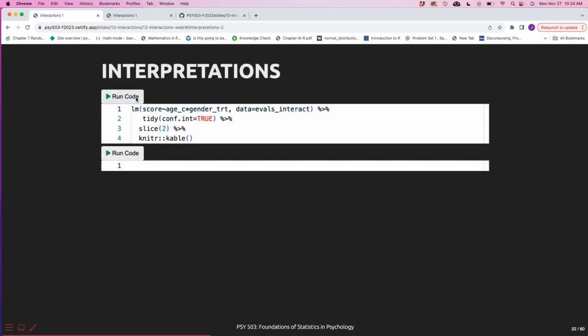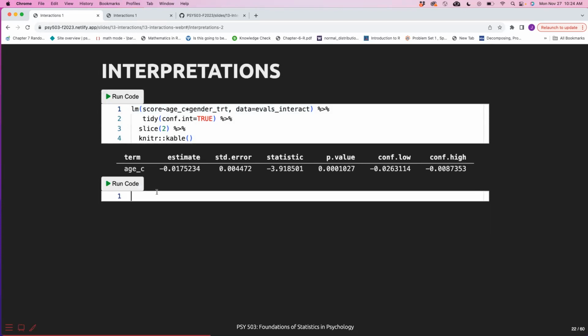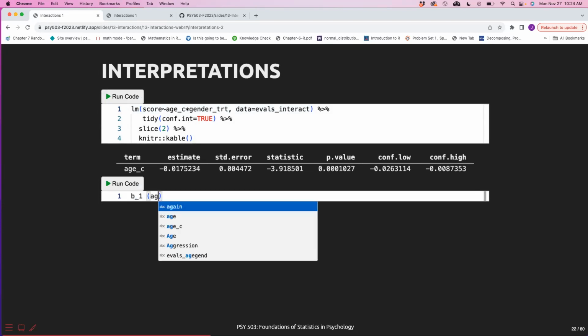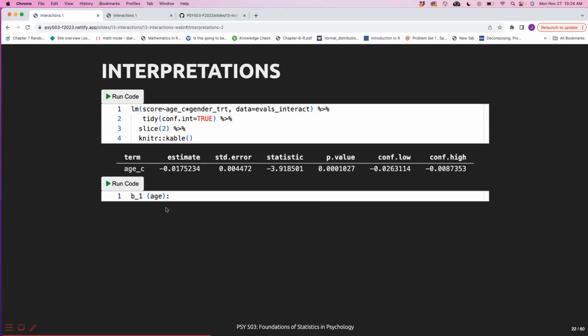So let's go ahead and interpret our b sub 1 coefficient, which is age. How do we interpret this b sub 1 coefficient? First, what does this b sub 1 coefficient represent? Yeah, exactly.